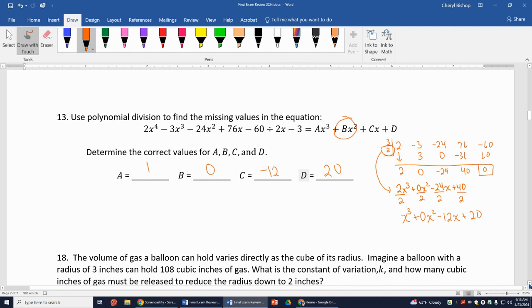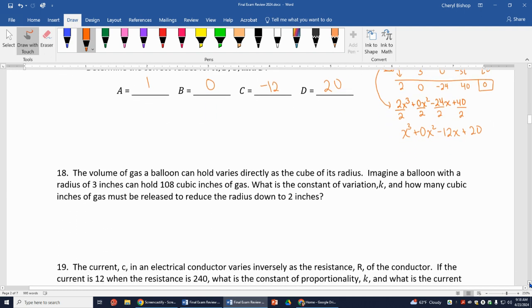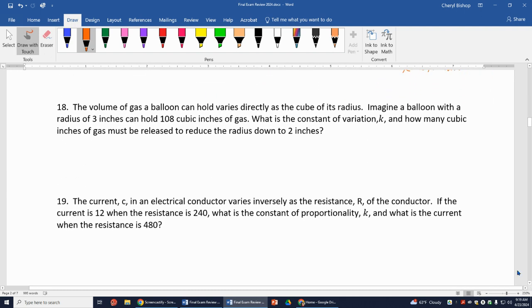Let's go look at 18 and 19. Now the difference between 18 and 19 is one's varying directly and one's varying inversely. So I do want to point that out since we're only going to do one. Remember, directly and inversely are going to be two separate equations that you're setting up.